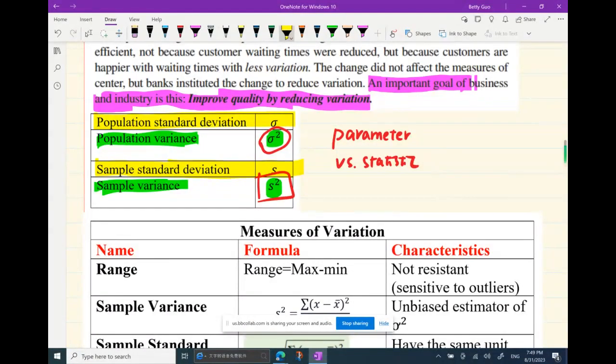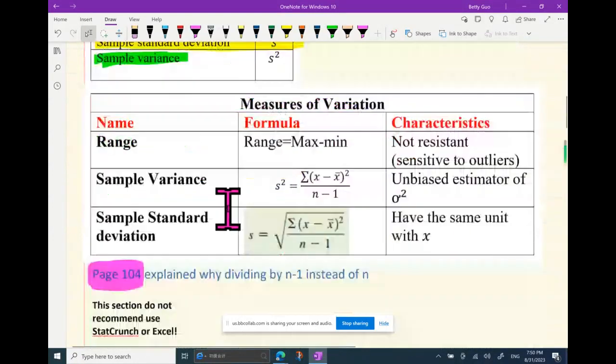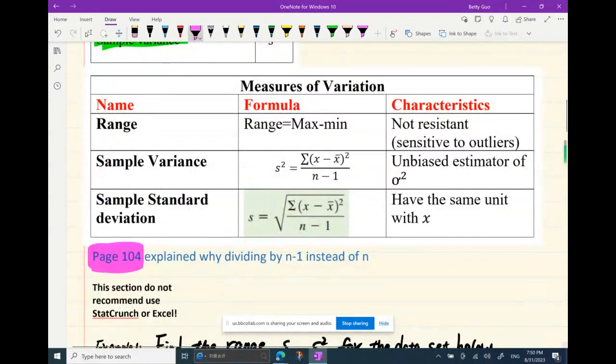From the notation, you can see the sample variance is s squared, the sample standard deviation is s. So the sample variance is the square of the sample standard deviation, right? It's the same with the population variance and the population standard deviation. The population variance is the square of the population standard deviation.